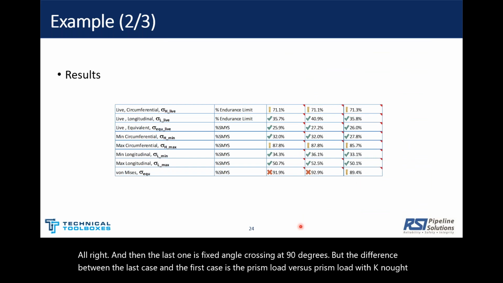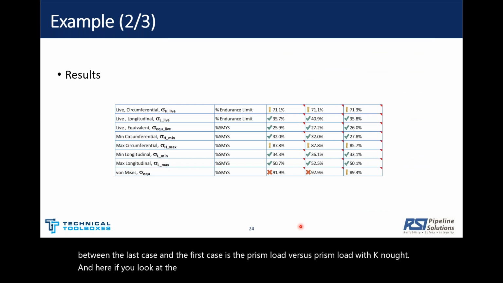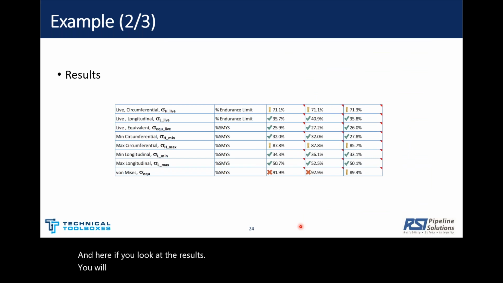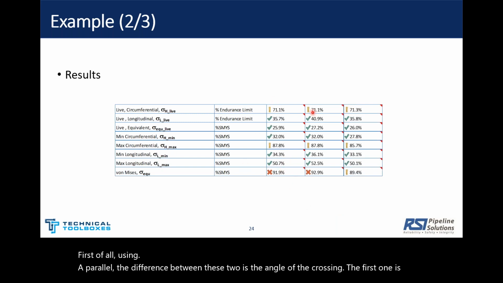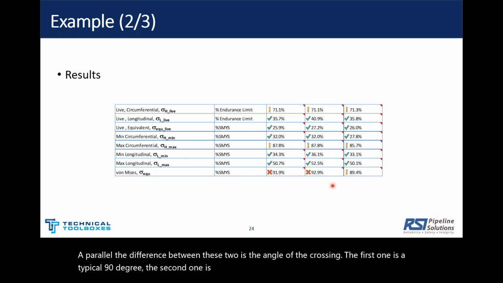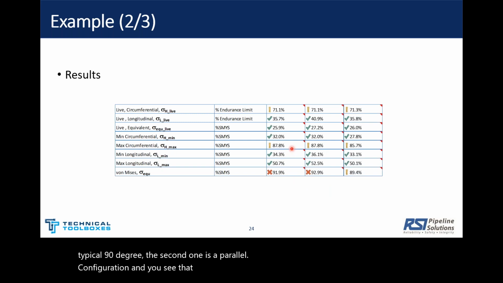And here, if you look at the results, you will see that first of all, the difference between these two is the angle of the crossing. The first one is a typical 90 degree. The second one is a parallel configuration. And you see that the stresses are slightly higher when the vehicle runs parallel to the pipe.